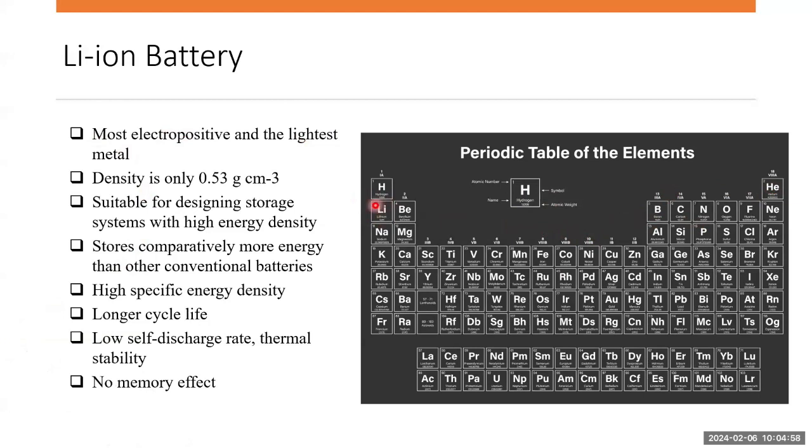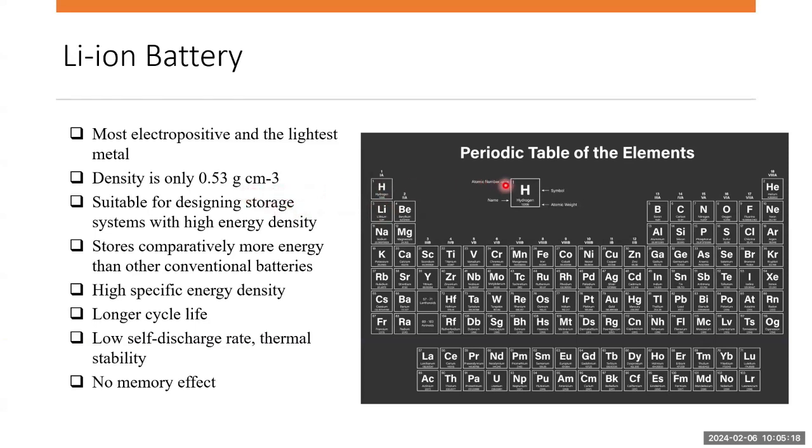So it is just the third element in the periodic table. That means it is the lightest metal, and it has very low density, just 0.53 grams per cubic centimeter.